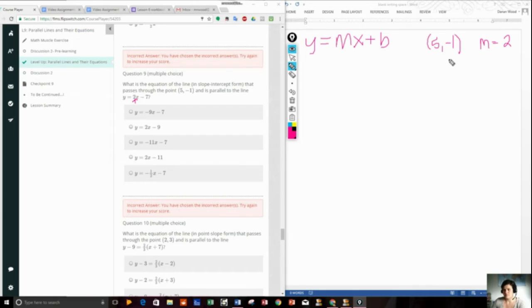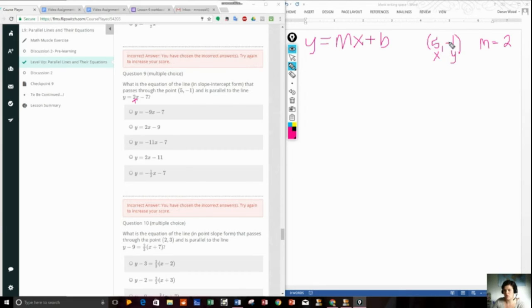So I need to find my value for b. I've got to find my y-intercept. We have the slope, which is 2, but I need the y-intercept to make the equation. So in order to find that from a point and the slope, the 5 is in the x spot for a specific x and a specific y.